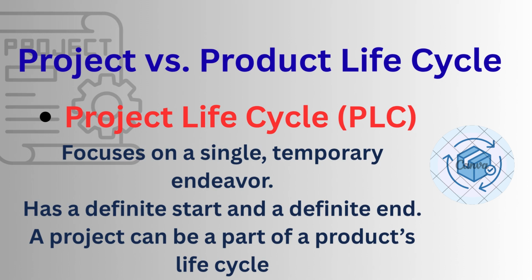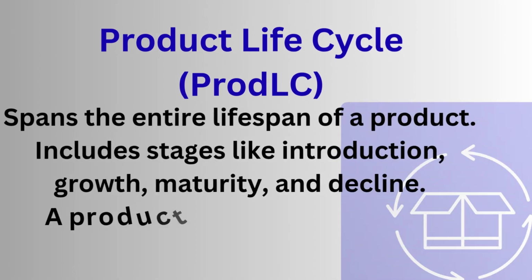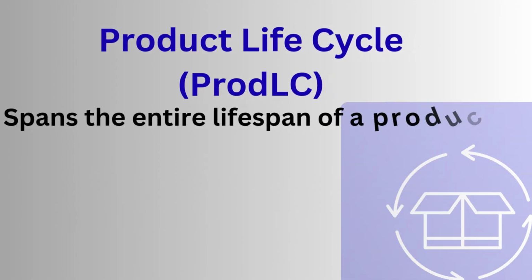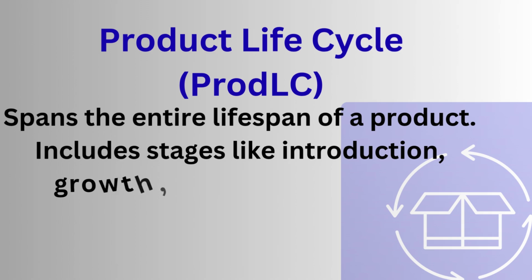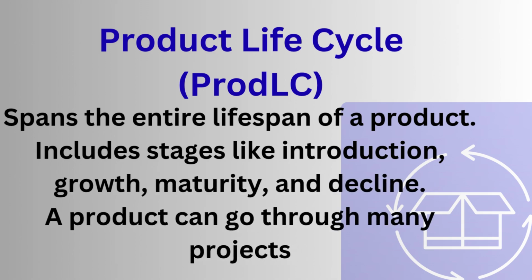The project life cycle is a temporary sequence of phases to create a product or service, whereas the product life cycle represents the entire lifespan of that product itself from its introduction to its eventual decline in the market. A single product can go through multiple projects during its lifetime.